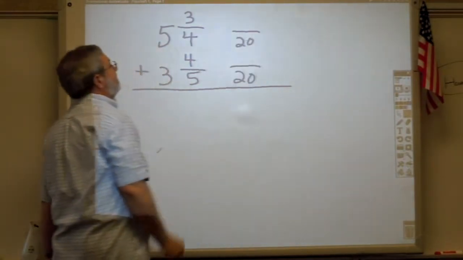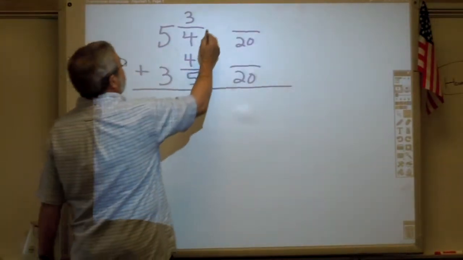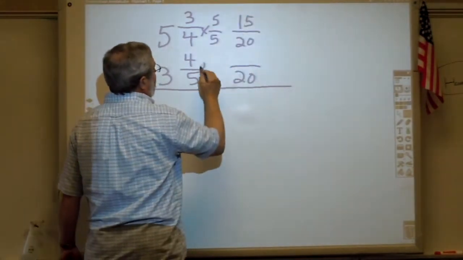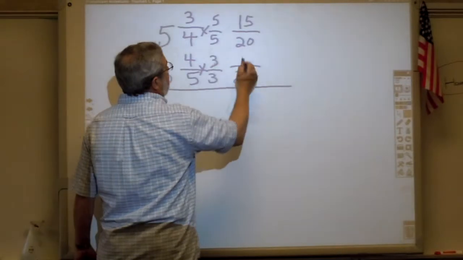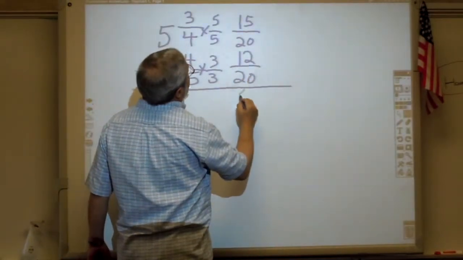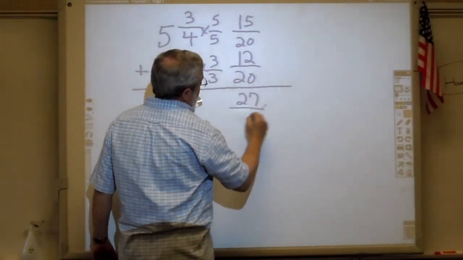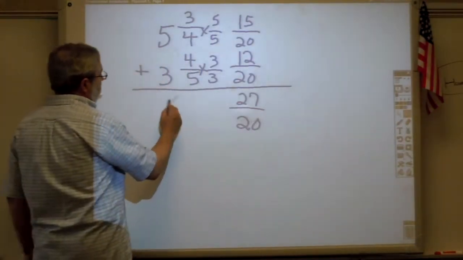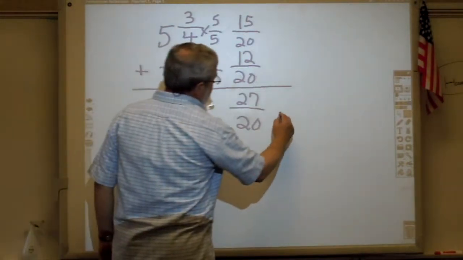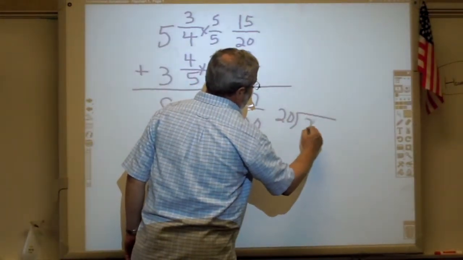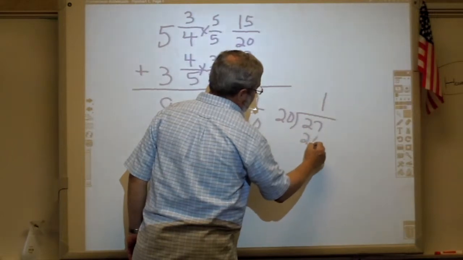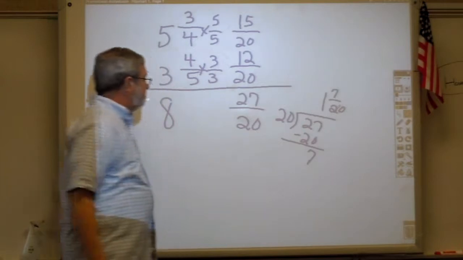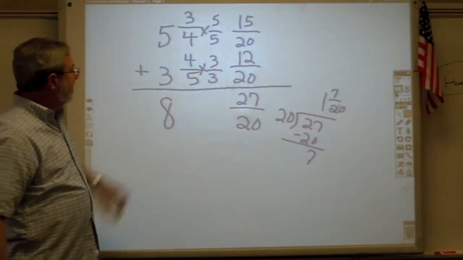If I do equivalent fraction, I'll get 27 over 20. My whole numbers will be 8. 20 into 27, one and 7/20 there.